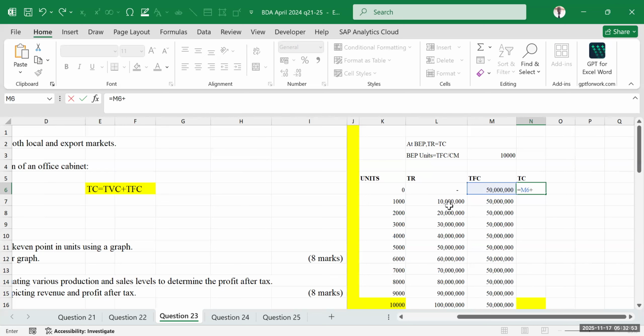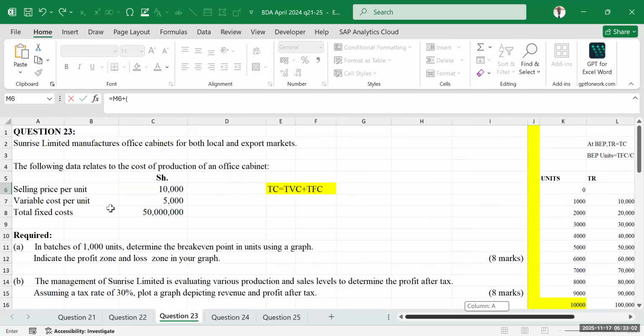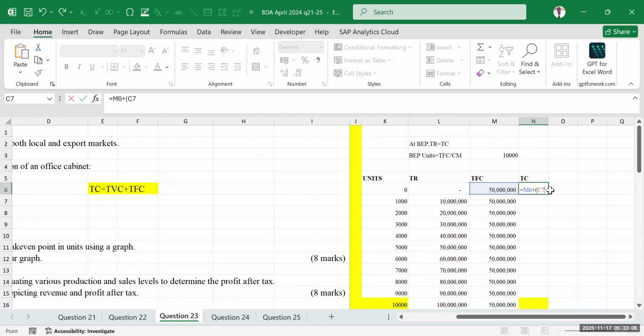Then we add the total variable cost. How do we get total variable cost? I want to open a bracket, then refer to the variable cost per unit. We multiply by the number of units. In our first row there, number of units is 0. So I've referred to 0.